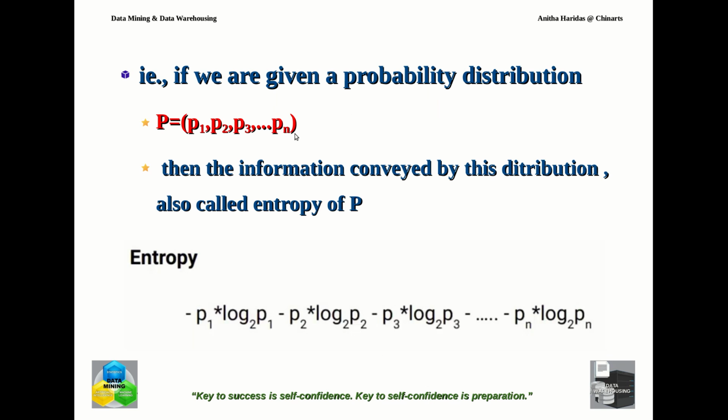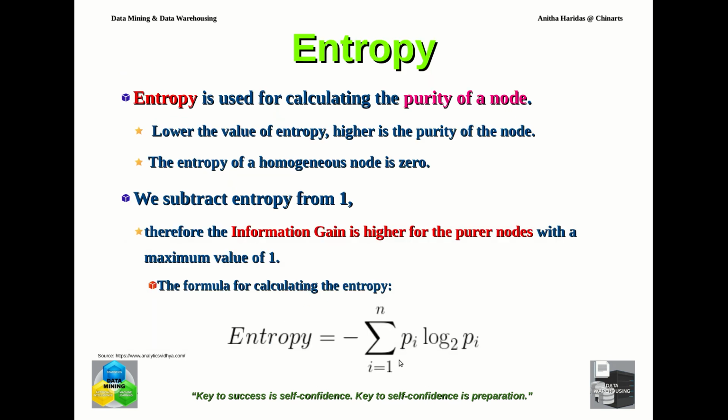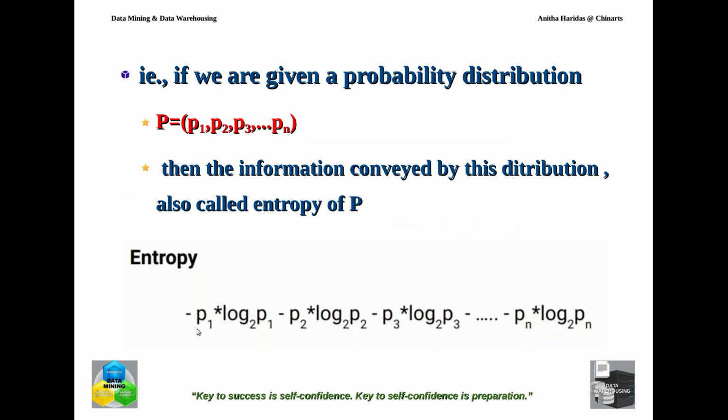P contains probability distribution P1, P2, P3 up to Pn. Then the information conveyed by this particular distribution, what information is conveyed by this distribution, is what we call the entropy of P. So to calculate this entropy, we are going to use this particular formula. What is this formula?